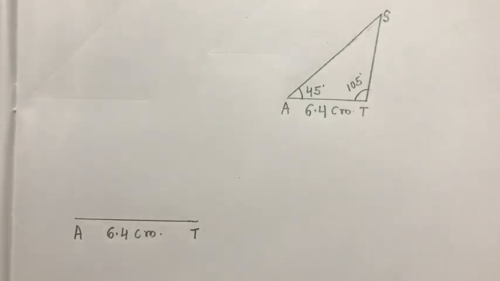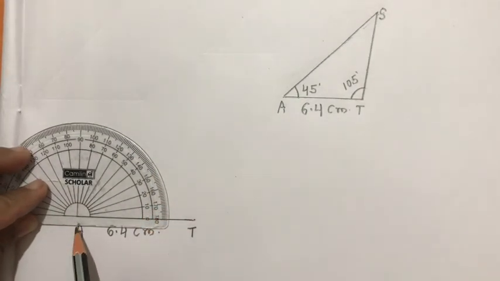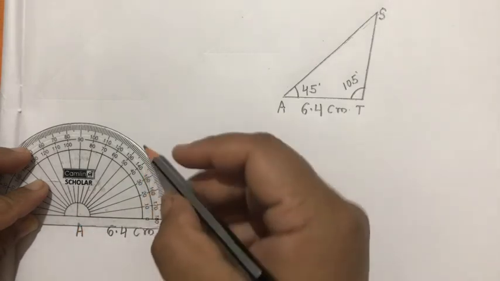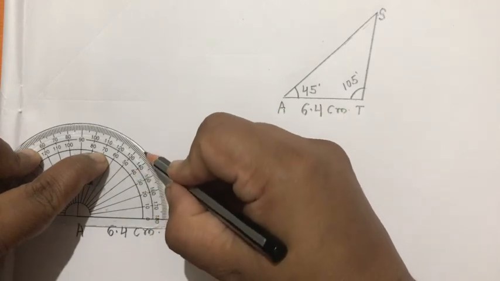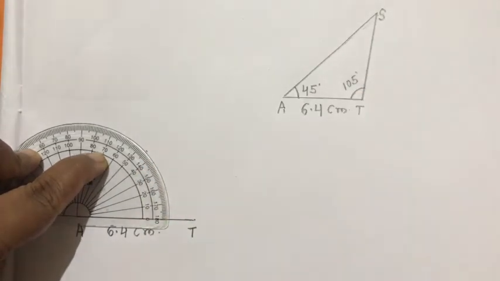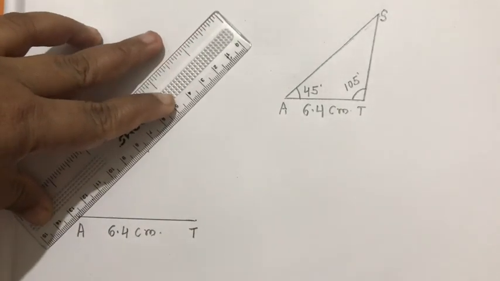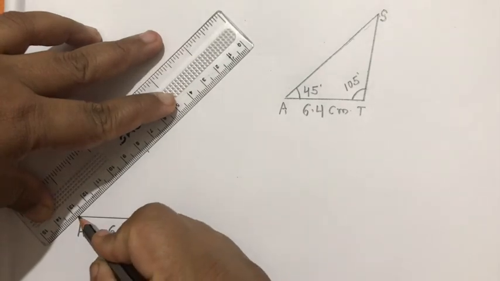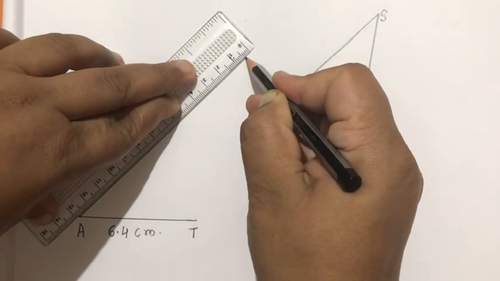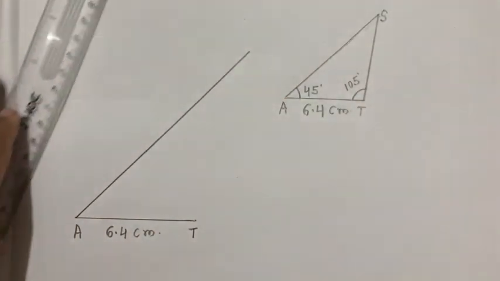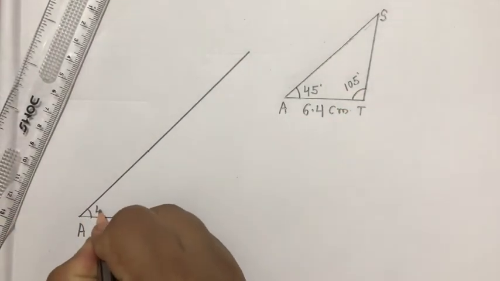Take your protractor, keep center at point A, mark angle of 45 degree. After 40, fifth point is of 45. Draw a ray. You need to draw a long ray because this diagram is a little big. Right here 45 degree.